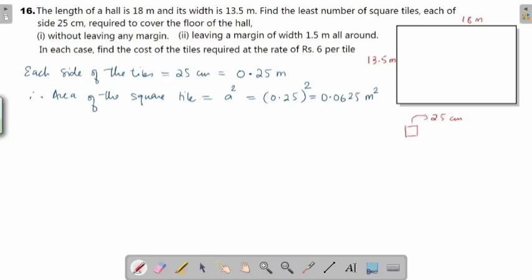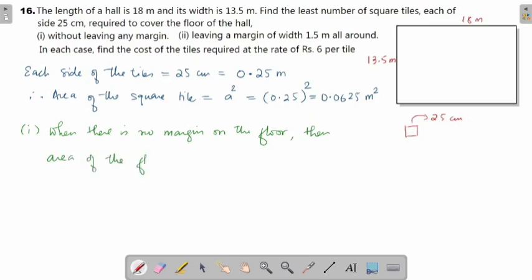So it's number 1. If you don't leave any margin, then the area of the floor, when there is no margin on the floor, becomes length into breadth, which is 18 into 13.5 meter square.